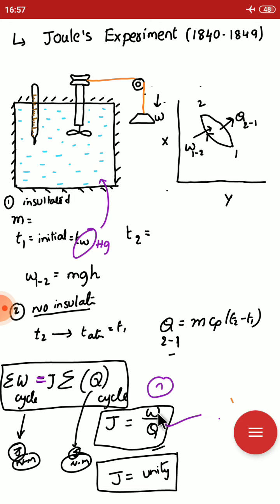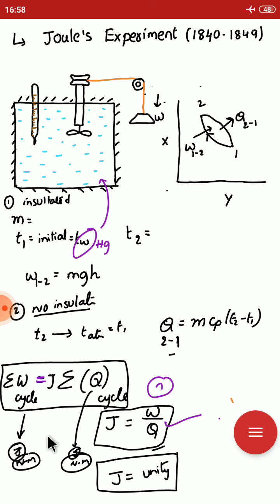The ratio of W by Q is the same for all the experiments. So from this he gave this law: the summation of work in a cycle is equal to the summation of heat transfer through a cycle.